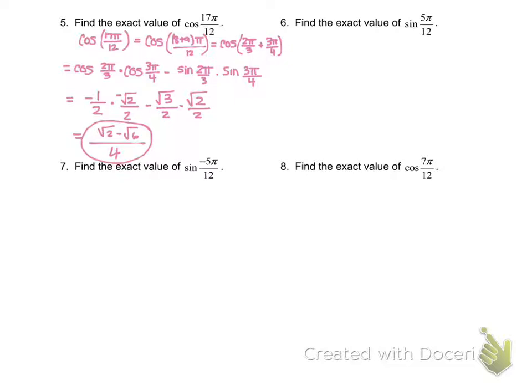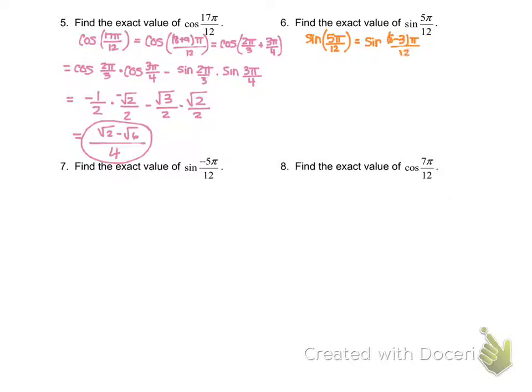Okay, so for the exact value of sine of 5 pi over 12, I'm going to do 8 minus 3.